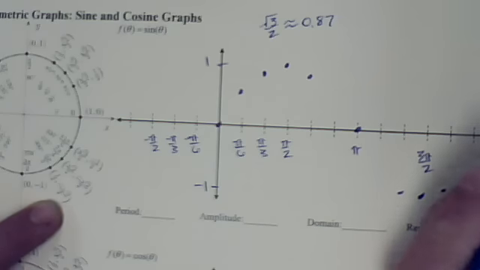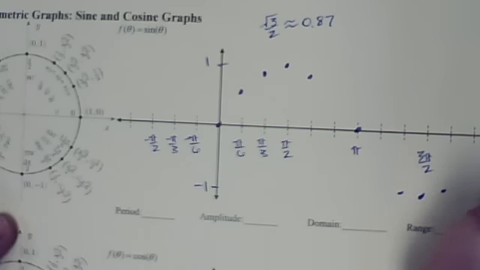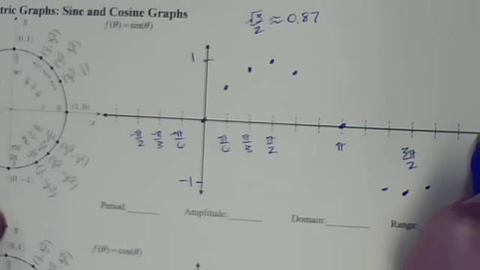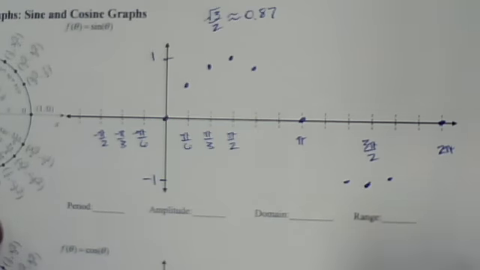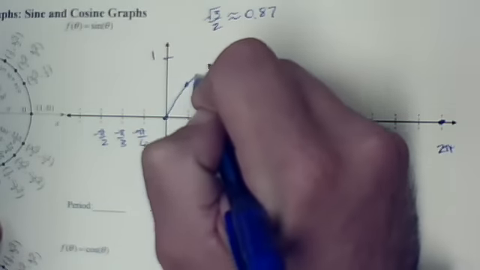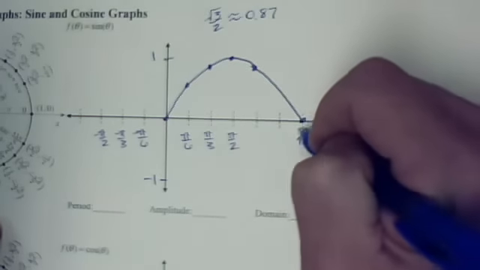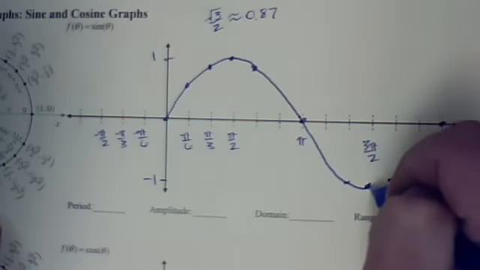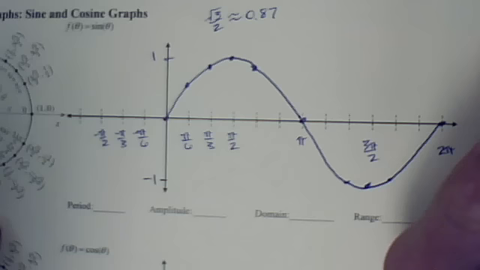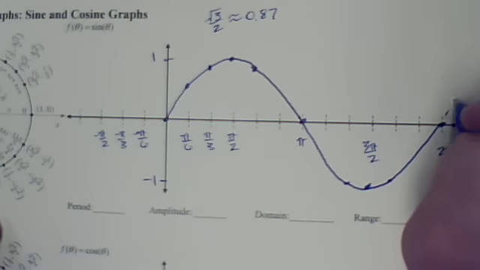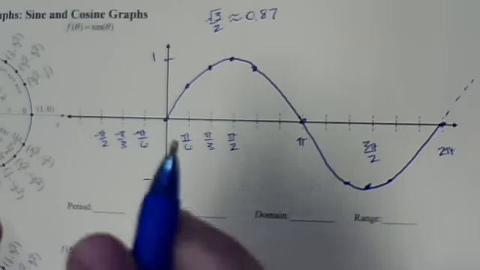It's a sinusoidal curve is what we call it. The sine of 2 pi is back to 0. So that curve is going to look something like this. Okay, and that would just keep going there.